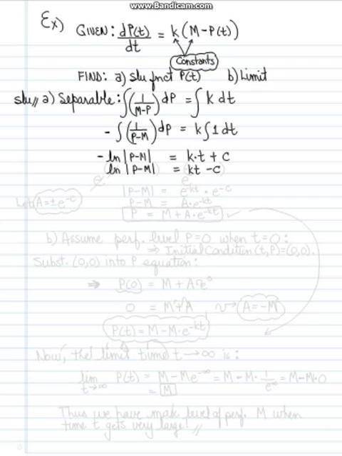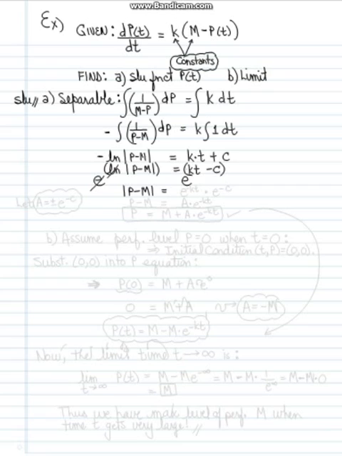And now I'm going to have e on both sides. e to this side equals e to this side. Okay, now the e and the natural log cancel one another, and I get the absolute value of P minus M equals, I can break apart this e to the a plus b, because that's e to the a times e to the b, using the rules of exponents.